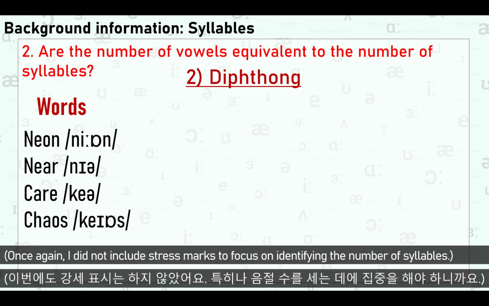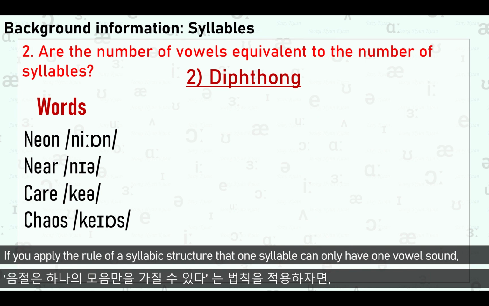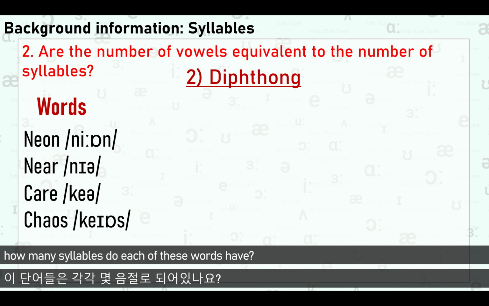Once again, I did not include stress marks to focus on identifying the number of syllables. If you apply the rule of a syllabic structure that one syllable can only have one vowel sound, how many syllables do each of these words have?